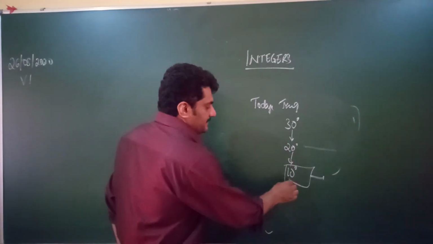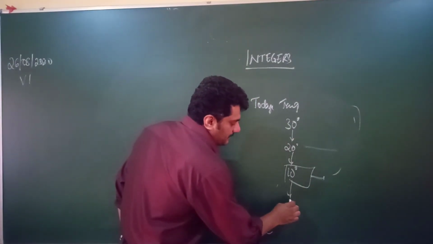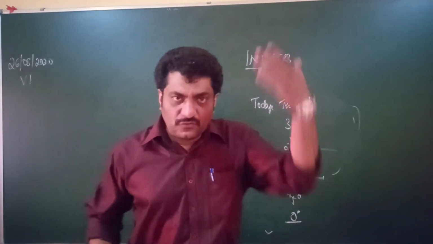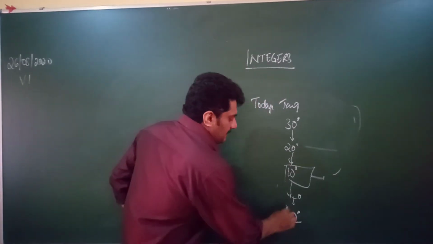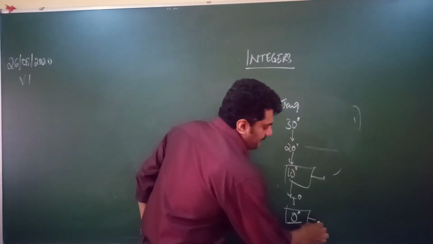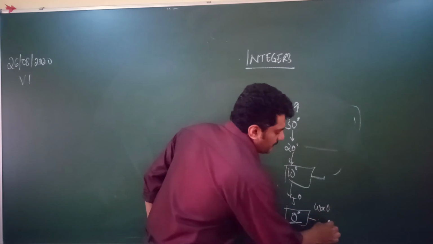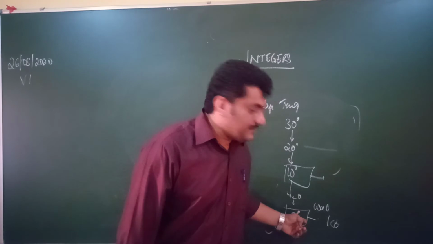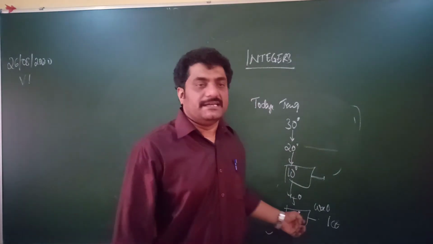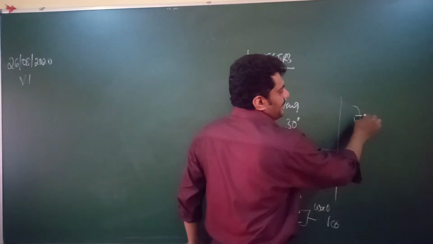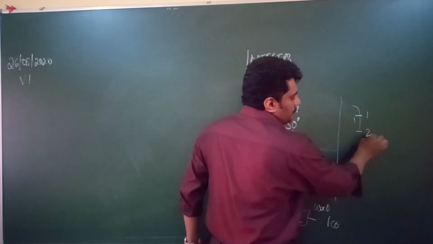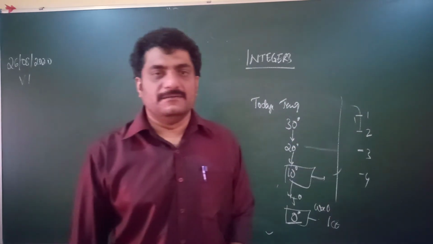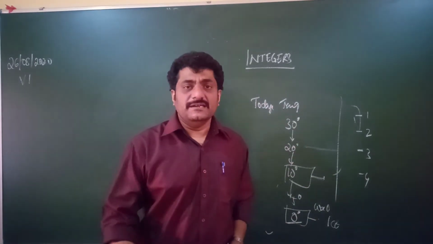When 10 degrees reduces by 5 degrees, it becomes 0 degrees, and when water comes to 0 degrees, it becomes ice. If it is even more chilled, then it comes to -1, -2, -3, -4. Again, all these we use in our daily life.